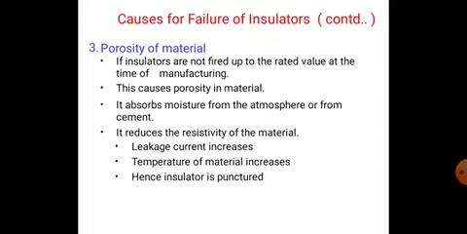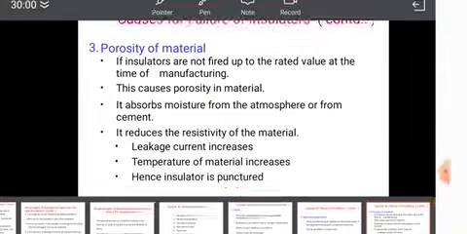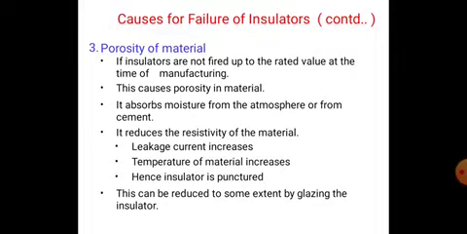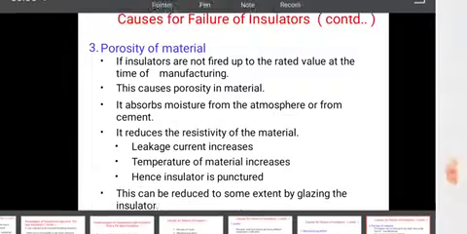Hence the insulator is punctured. In a puncture, the discharge occurs from the conductor to the pin through the body of the insulator. After a puncture, the insulator becomes completely ruined, and this can be reduced to some extent by glazing the insulators.